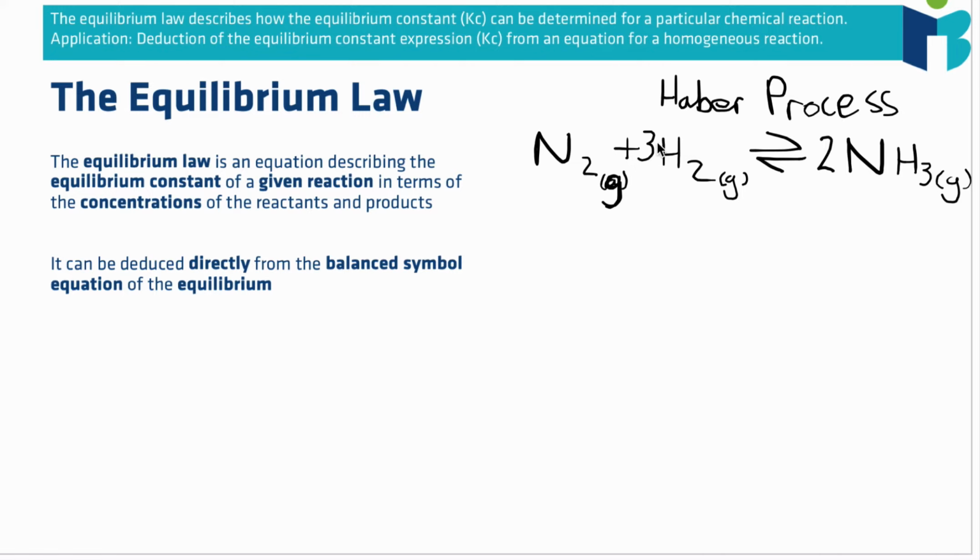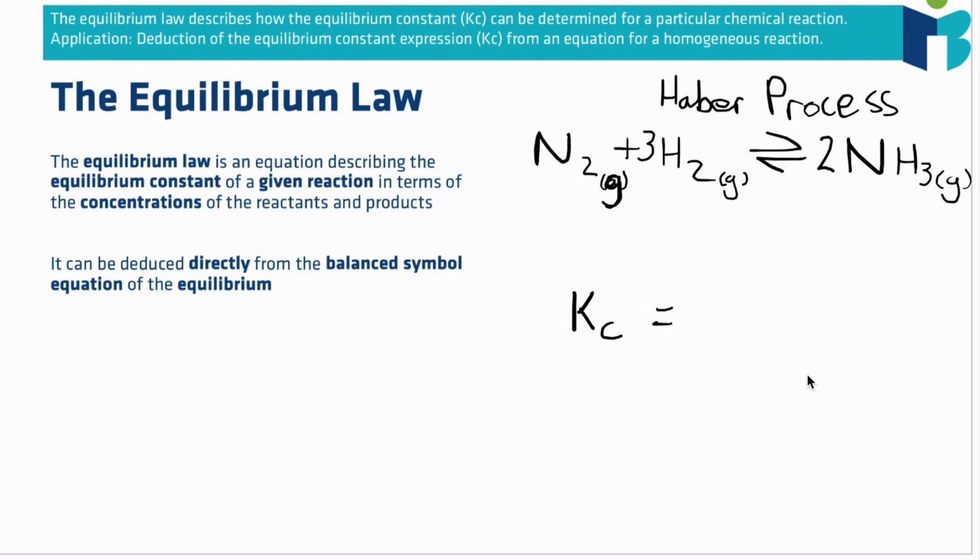There's still very much significant amounts of reactants and products at equilibrium. And if we wanted to write the equilibrium law for this equilibrium, we always start in the same way. The equilibrium law is describing some constant, Kc, the equilibrium constant for this reaction, but whatever reaction it refers to will always be written as Kc.